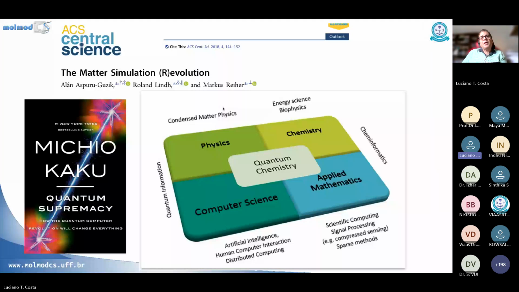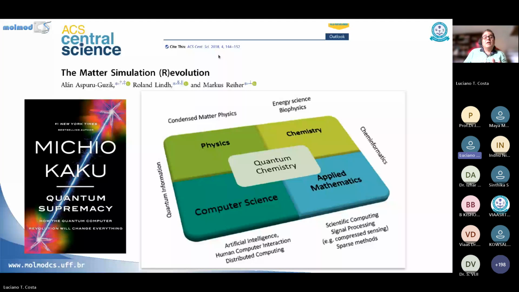Quantum chemistry is a consolidated research area, interconnected with physics, chemistry, applied mathematics, and computer science. In this paper, Alan Aspuru-Guzik, a kind of visionary researcher, said that we will experiment. This is in 2018.